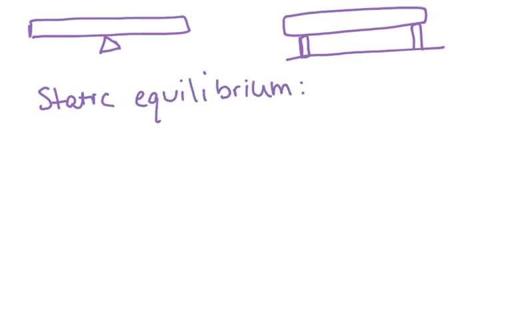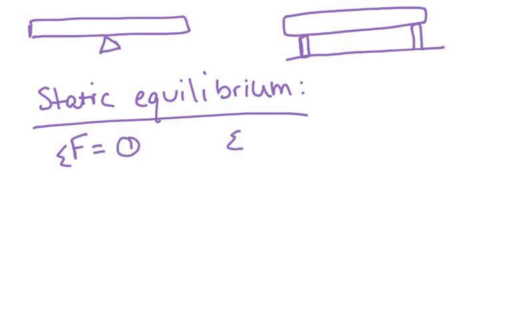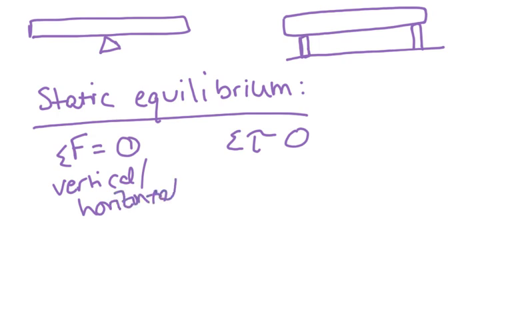So if we're in static equilibrium, you have to have your net force, or your sum of the forces, equal 0. And your sum of the torques has to equal 0, okay? When we're dealing with forces, we're talking about vertical and horizontal, or up, down, left, and right.